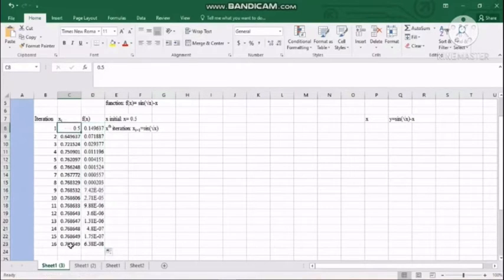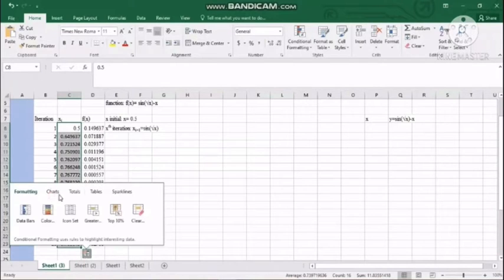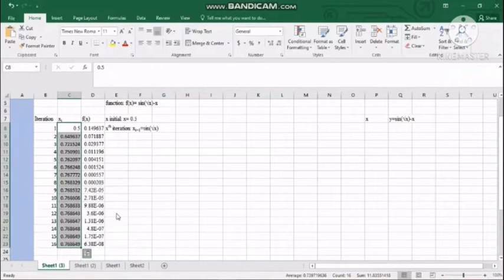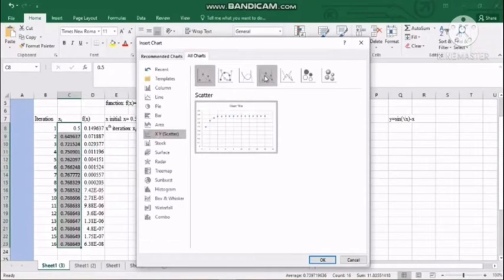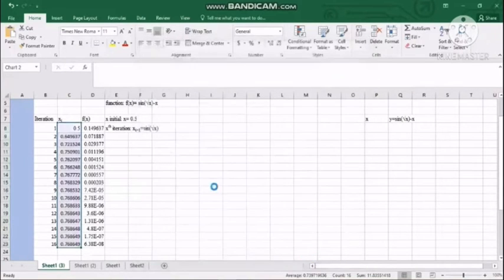And now we will highlight the x values to make a chart. We will use scatter with straight lines and markers.